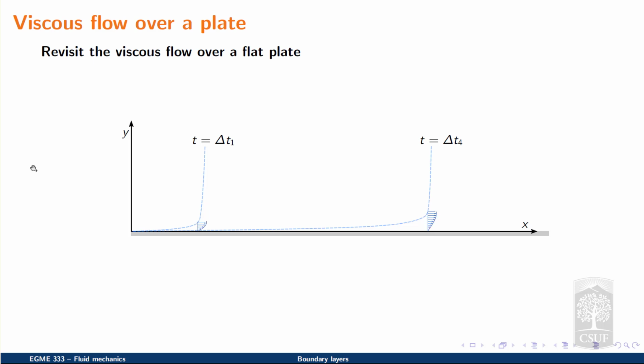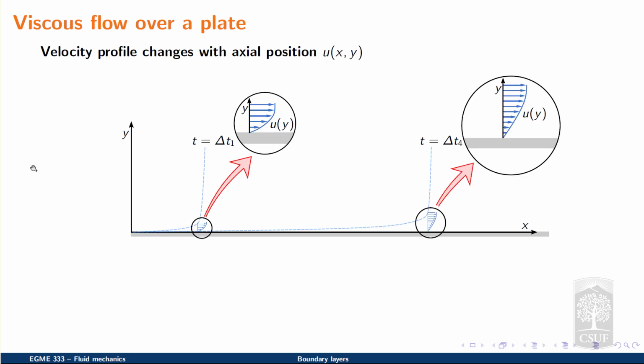And locally, I'll sketch out their corresponding velocity profiles as shown here, so we can zoom in on position x sub 1 and here at position x sub 2. We'll note that in both cases, they do have a velocity profile where the velocity in the x direction increases with the vertical position y, but the rate of increase is different in both cases. So the velocity profile does change with both x and y. It's not simply a function of y for the entire flow field.